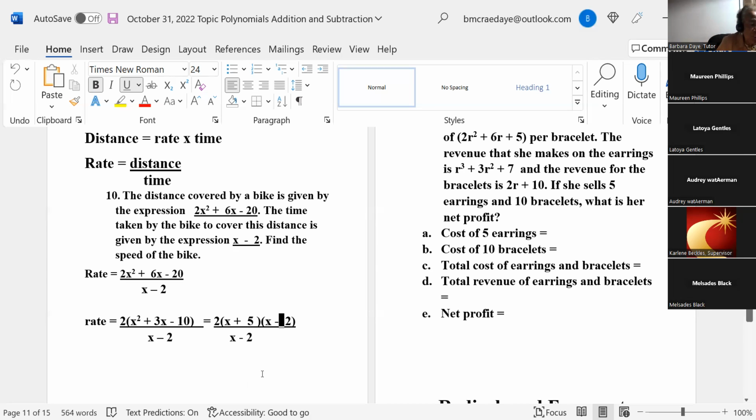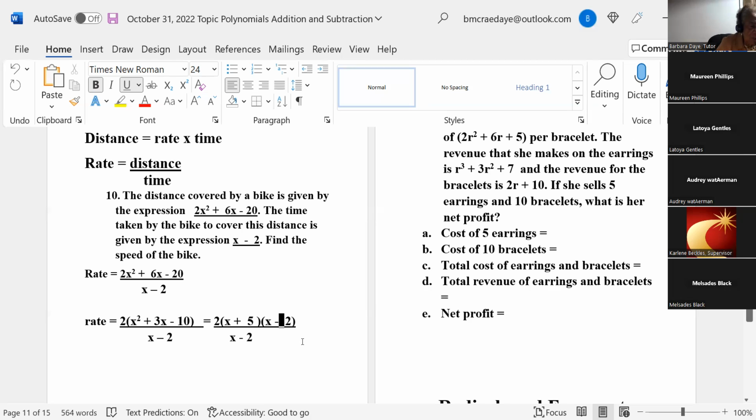Now, what do you see in common in the numerator and the denominator? Audrey, what is it? No, it's a whole expression, Audrey.